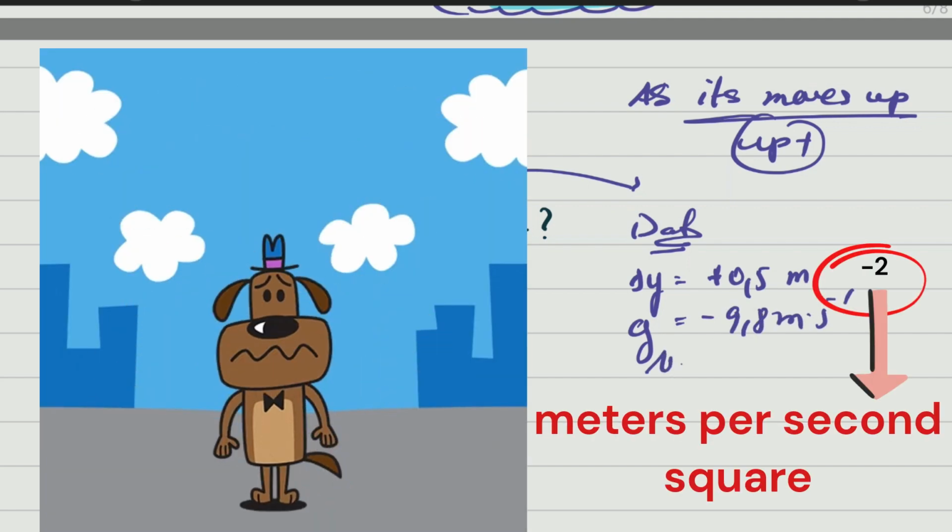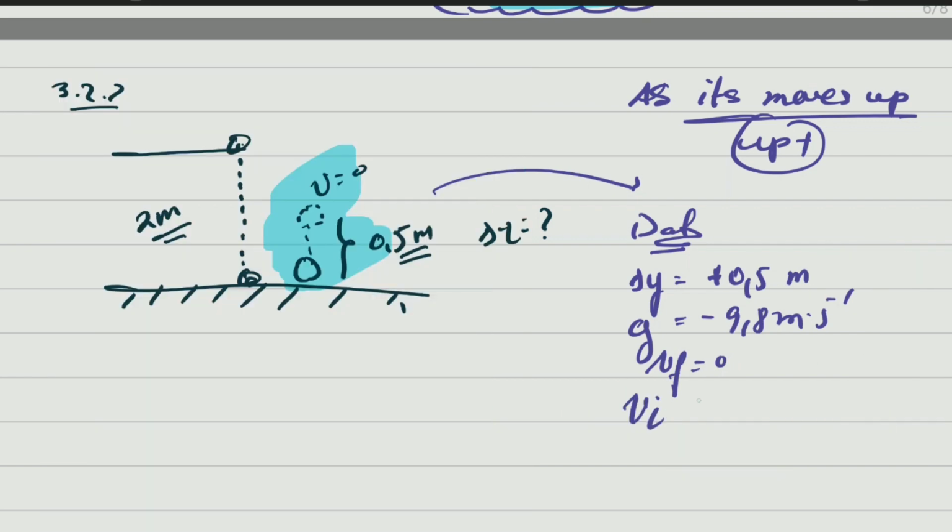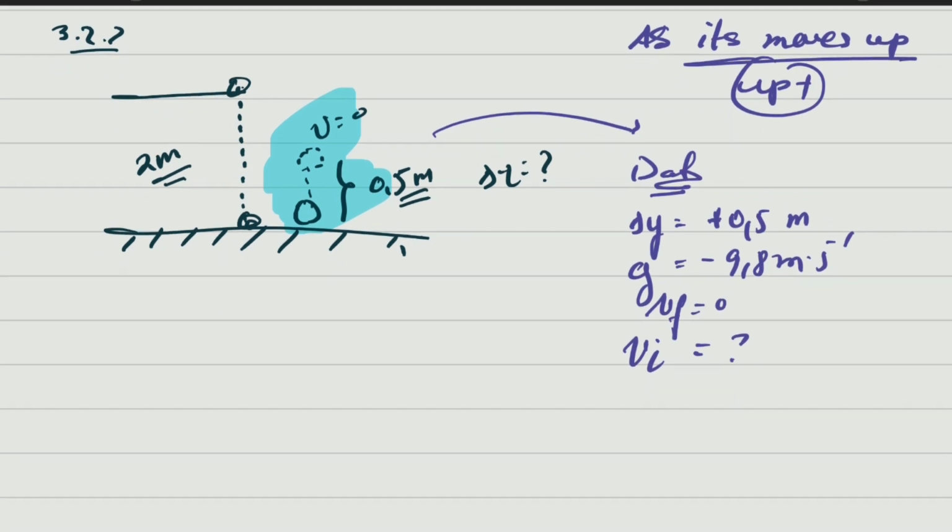The final velocity is 0, and we are going to look for the initial velocity. We need the initial velocity before we can calculate the time, because all the other formulas will need the initial velocity somehow. So if we go here, we have now that the final velocity squared is equal to initial velocity squared plus 2 times acceleration multiplied by the displacement. We're going to use this formula to calculate the initial velocity.